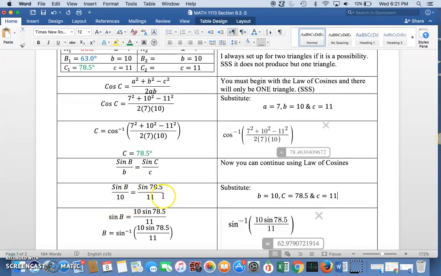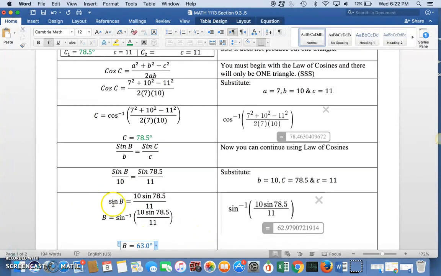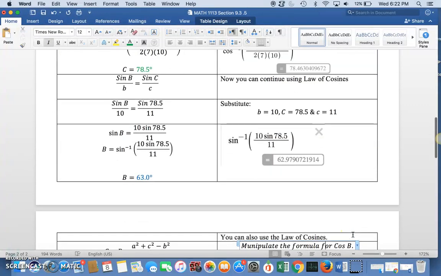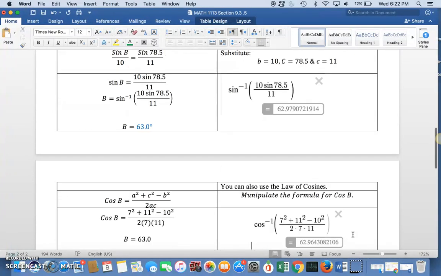We cross multiply, get that for the top, and then we had to divide by the 11 to get sine B by itself. We had to take the inverse to get rid of the sine that's with the B, so B is by itself. This is the calculation, so when we round this to one decimal place, we get 63.0.